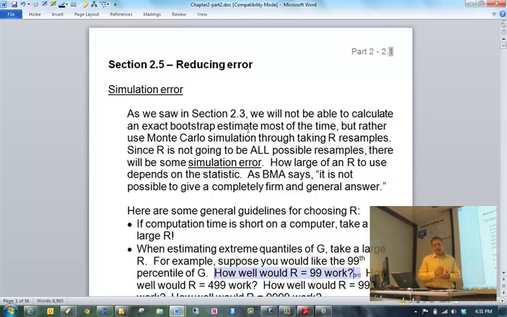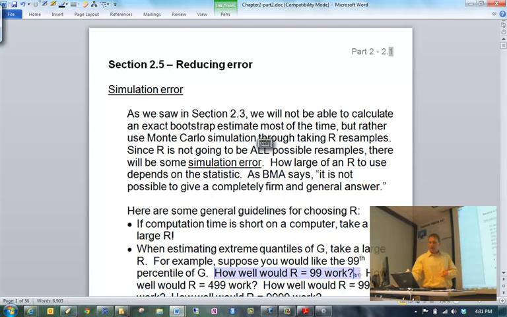Okay. So, section 2.5 talks about sources of error in using the bootstrap. There are two sources, simulation error and statistical error. Let's talk about simulation error first.